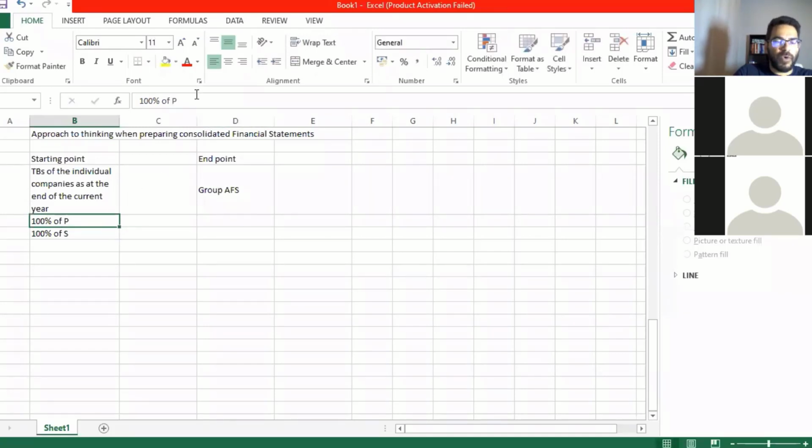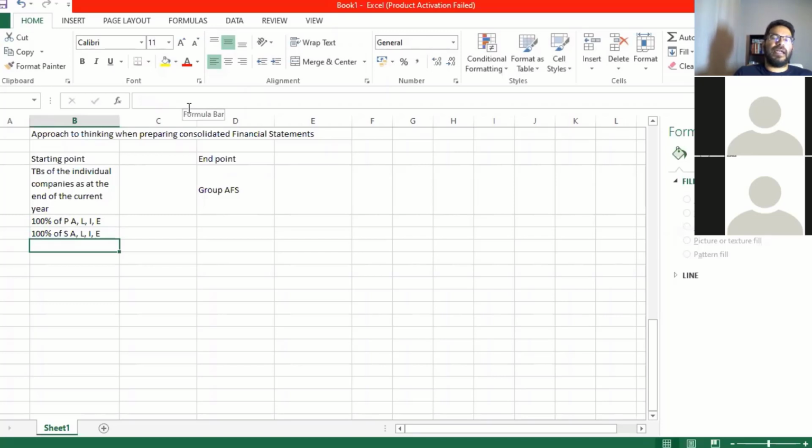More specifically, 100% of the parent's assets, liabilities, income, and expenses on a line-by-line basis. Similarly, over here, it is 100% of the subsidiary's assets, liabilities, income, and expenses on a line-by-line basis.